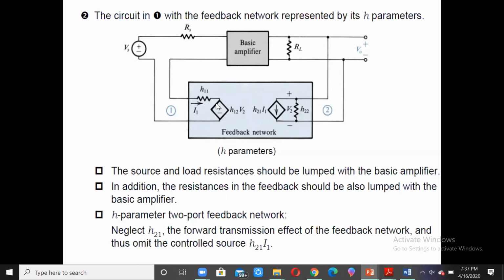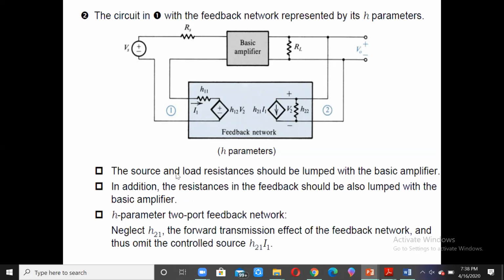This H parameter model has H11, H12 V2, H21 I1, and H22. The source and the load resistances over here should be lumped with the basic amplifier. In addition, the resistance in the feedback should also be lumped with the basic amplifier. So the H parameter two-port feedback network is drawn there.